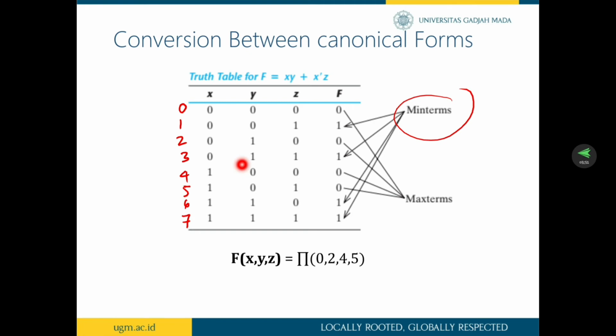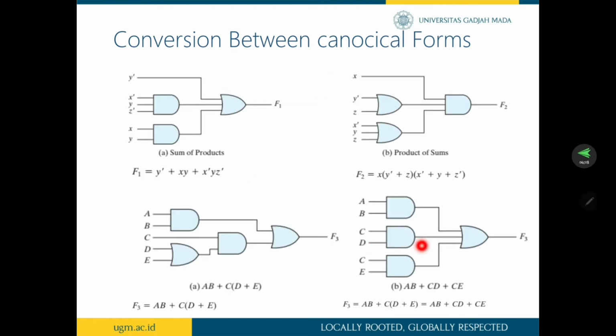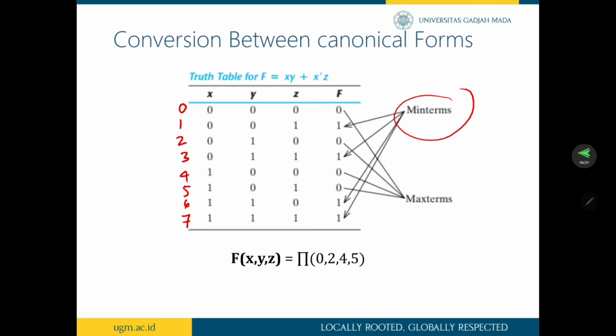The decimal symbol makes it easier for us to write the number of the minterm or the maxterm form. So in minterms we have 1, 3, 6, and 7.